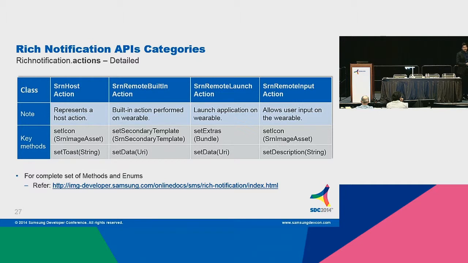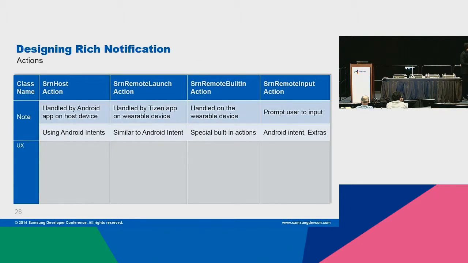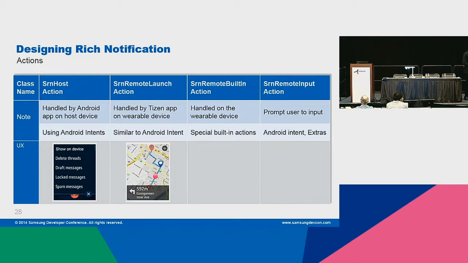We'll see the user scenarios. So when do you use the host action? When you want to use something on the host device, then you use this class. This will be handled by the Android app on the host device. If you're driving a car and if you want to launch the GPS application, then you use remote launch action, which will launch this application on the Gear device.